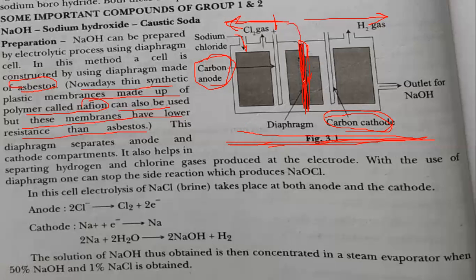To the left side is the anode compartment, and to the right is the cathode compartment. In the cathode compartment, there is an outlet for the sodium hydroxide. From the top there is liberation of H2 gas, and from the anode compartment, from the top, there is liberation of Cl2 gas.